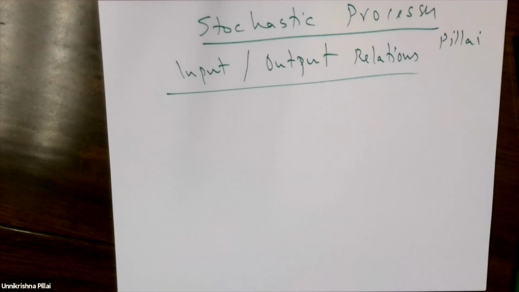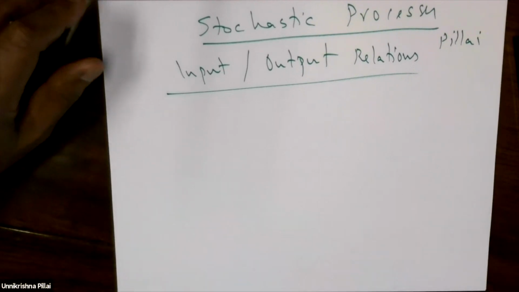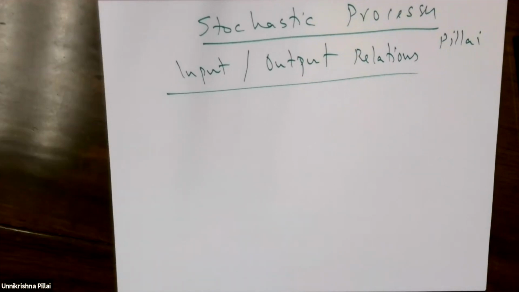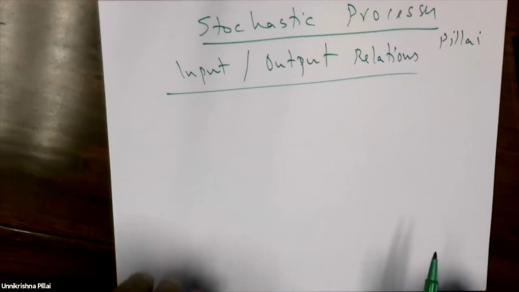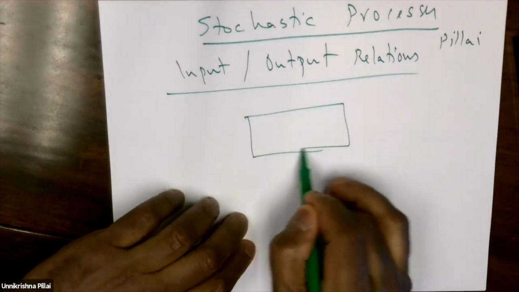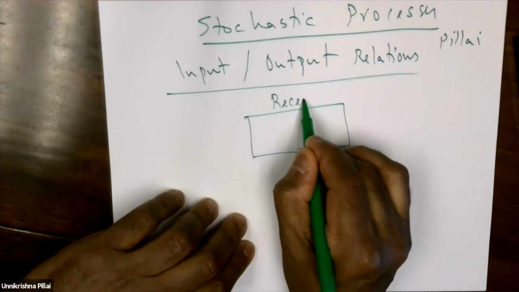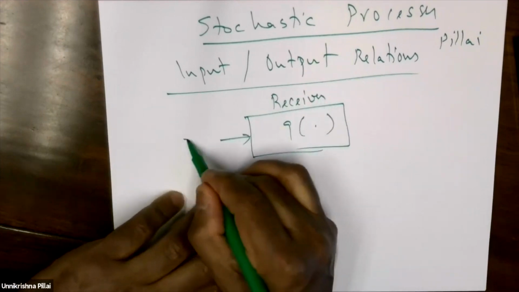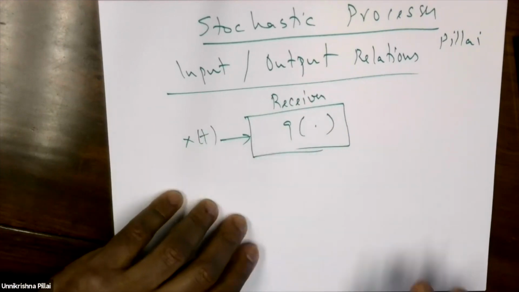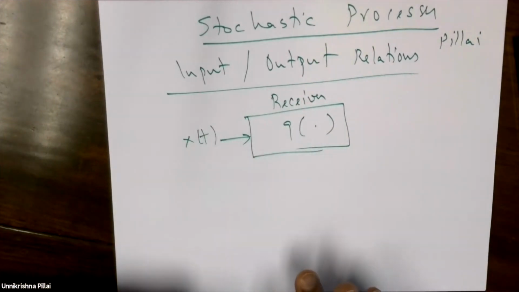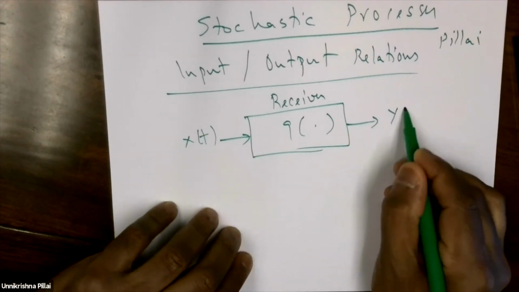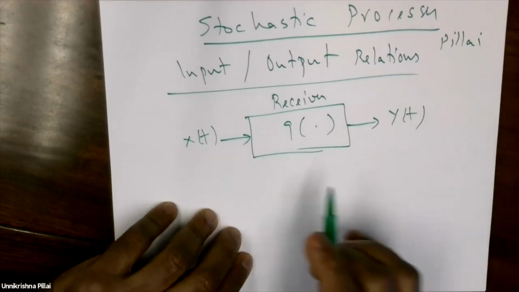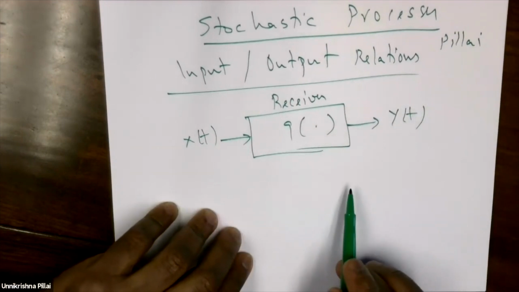So let me go to the new topic. This is where the applications start. Usually we have a receiver, some function, and you apply a stochastic process, usually with some purpose in mind, and you get some output signal. What we are going to see now is the input-output properties.